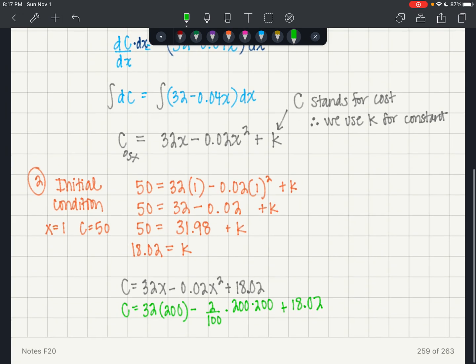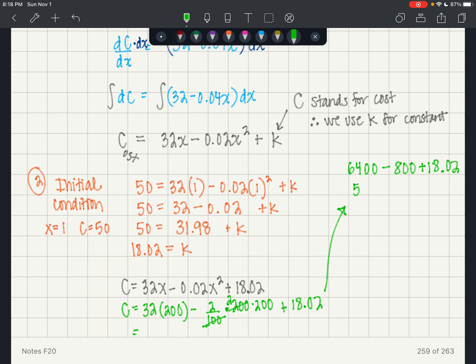You can tell I'm being very stubborn right now. I do not want to pick up a calculator. 32 times 2 is 64 plus 2 zeros, minus 100 goes into 200 2 times. So 2 times 2 is 4 times 200 is 800. So 6400 minus 800 plus 18.02.